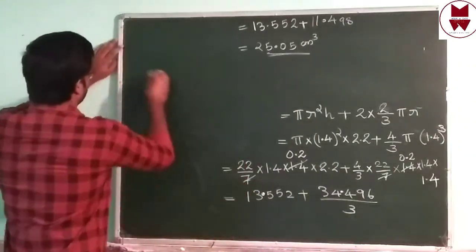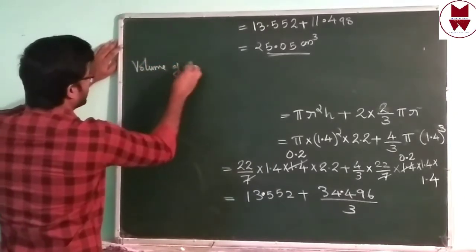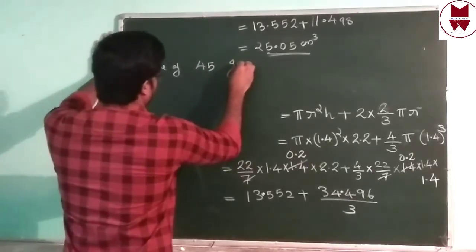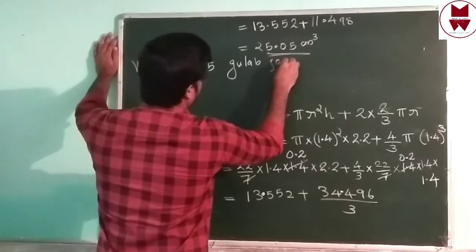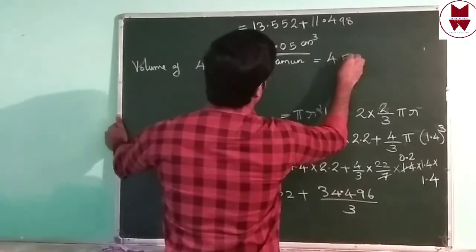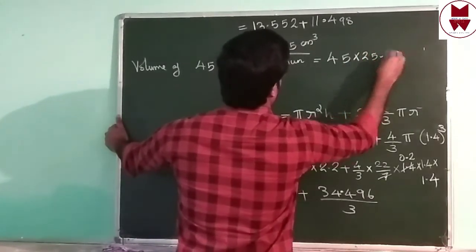Then you can write the volume of total 45 gulab jamun. We multiply 45 into 25.05.